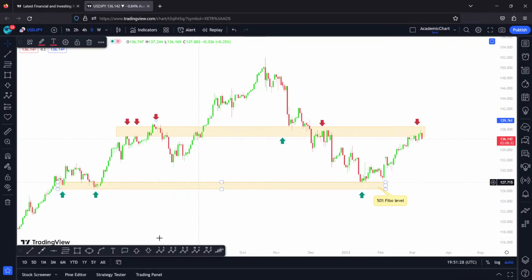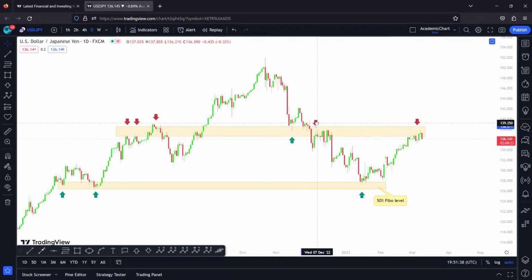Again, it reversed, then we had the breakout, and when it came back, it reacted as support. Then again a few times, I can see three points, but two arrows are enough. Again as resistance, and now here as the U-turn, as we saw in the news.